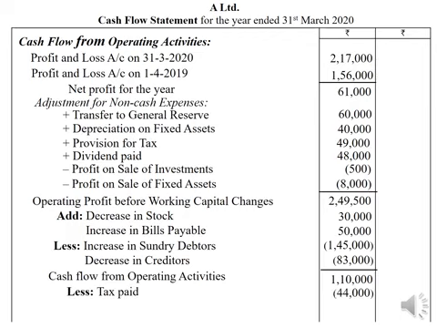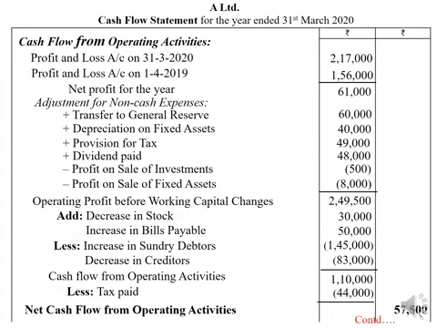From this, deduct tax paid. This item is available in provision for tax account, 44,000. So then deducting 44,000 from 1,10,000, we get 57,500 as net cash flow from operating activities. Continuing the cash flow from investing activities, sale of investments are there worth rupees 8,500. It also includes 500 rupees profit on sale of investments.